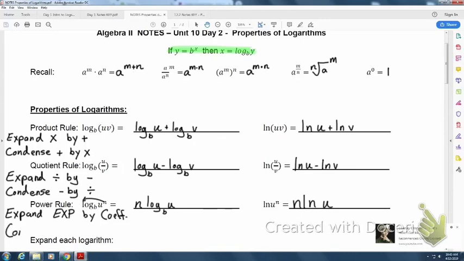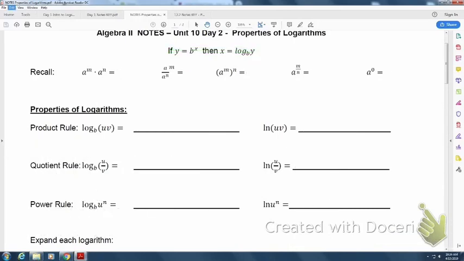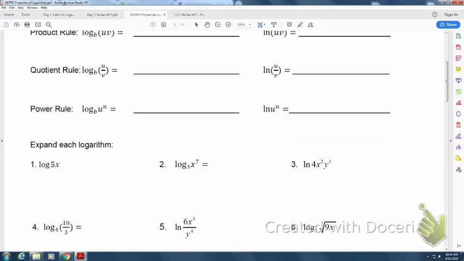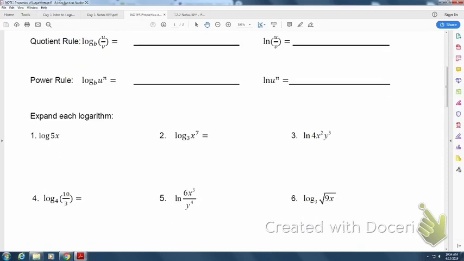You can condense coefficients by exponents. Okay, and again, on all this condense, expand stuff, you'll see what I mean here in a minute if you hadn't already looked at the bottom half of this front side of the notes. That's all we're going to do down there, is just work on this expand, condense stuff at the bottom. So, the first set of these is going to be expand.